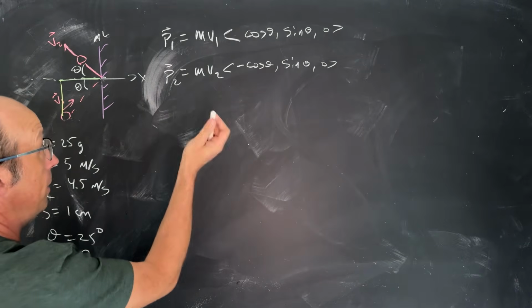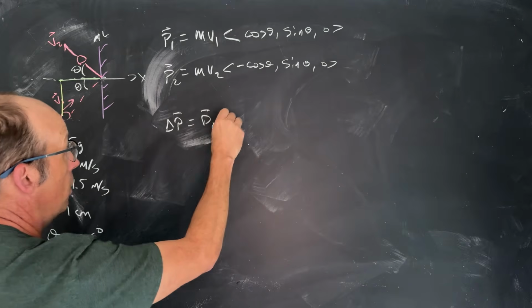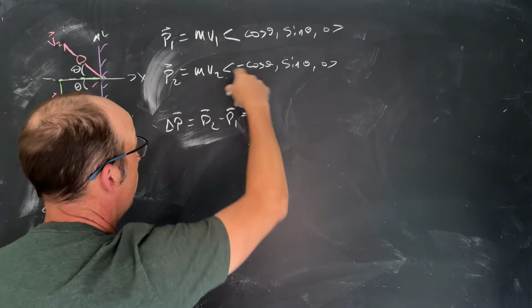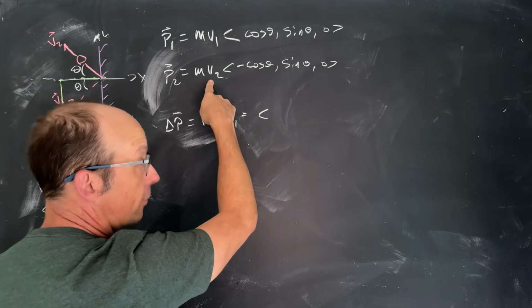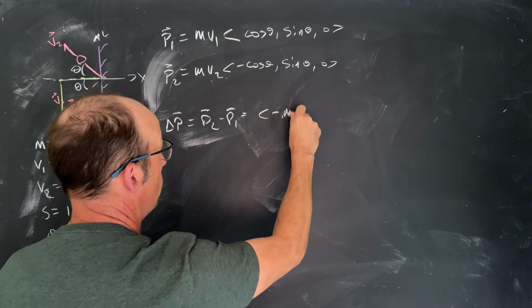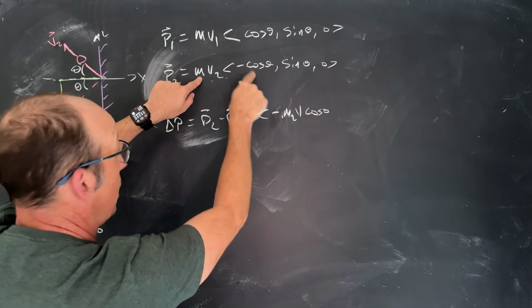I can get delta p. Let's go ahead and get the delta p vector. It's going to be P2 minus P1. So I'm going to write this out and multiply it out. The x component is going to be negative m v2 cosine theta, right? That's this times this.